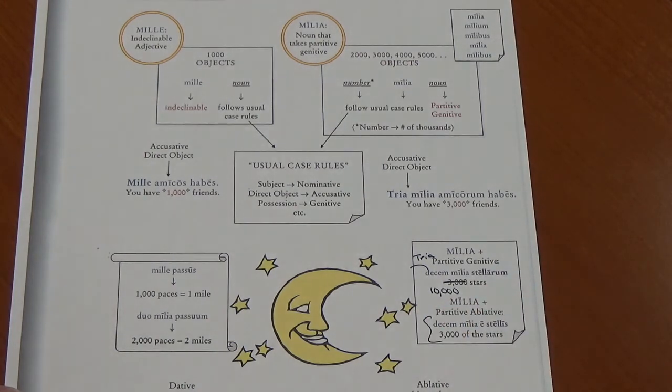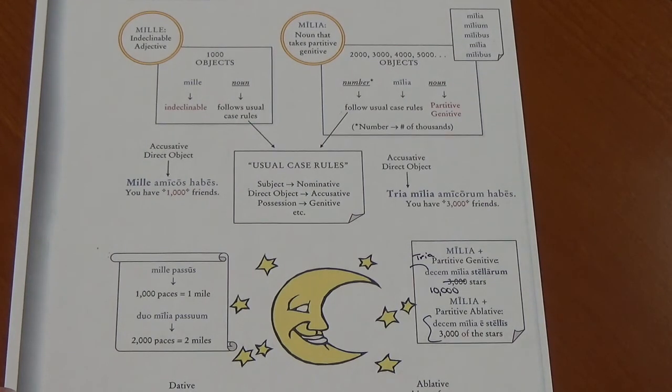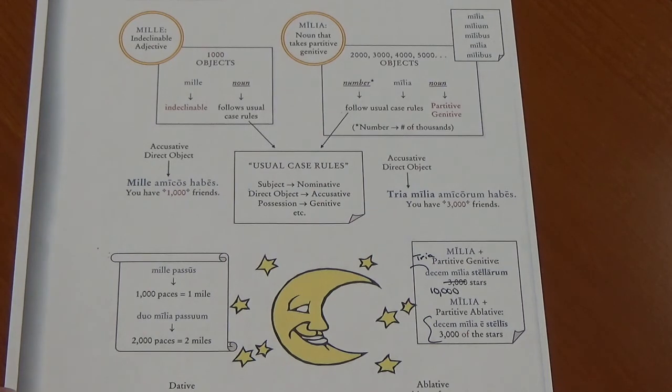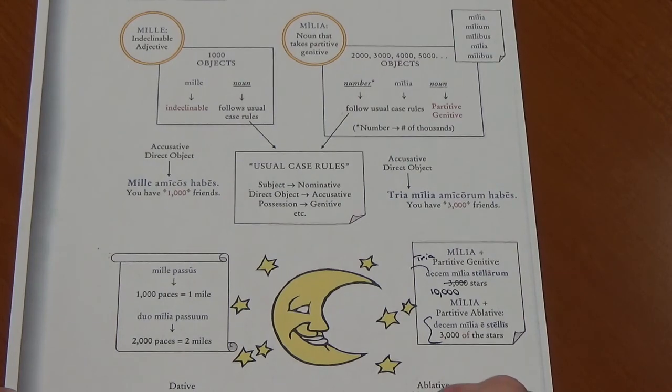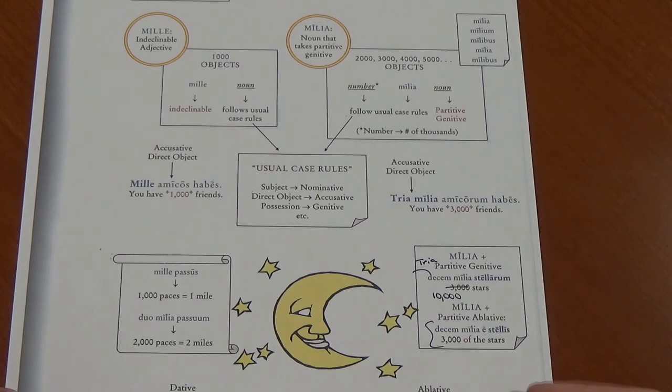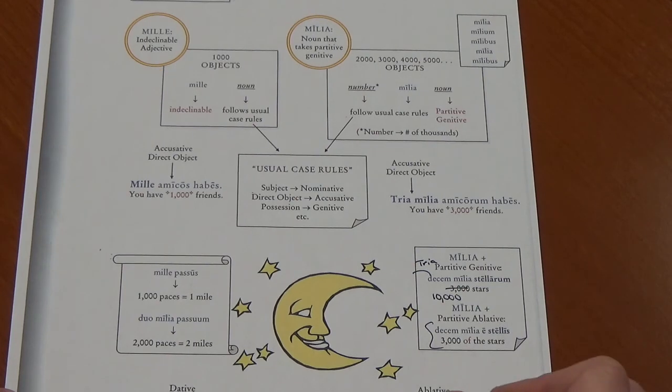I noticed down here, they switched to 10,000. Cum decem milibus stellarum habito, with 10,000 stars, I live. We have milibus in the ablative, not because of the cum, but as an ablative of accompaniment. And then this is the partitive genitive here.